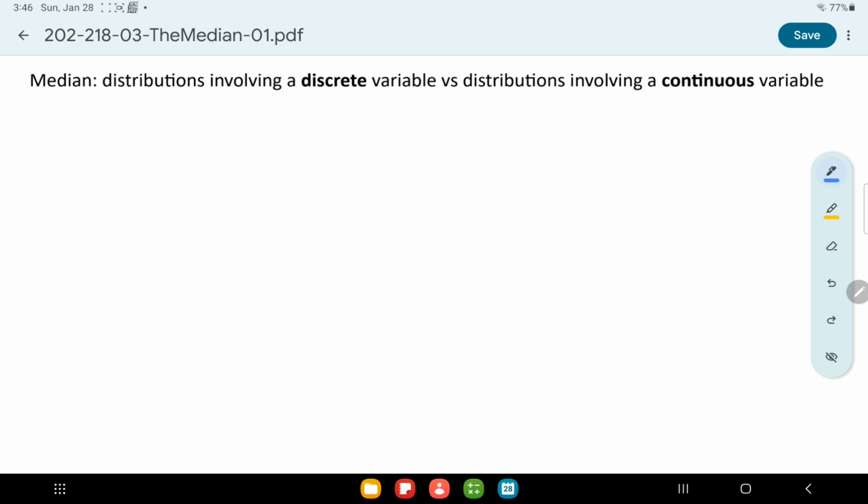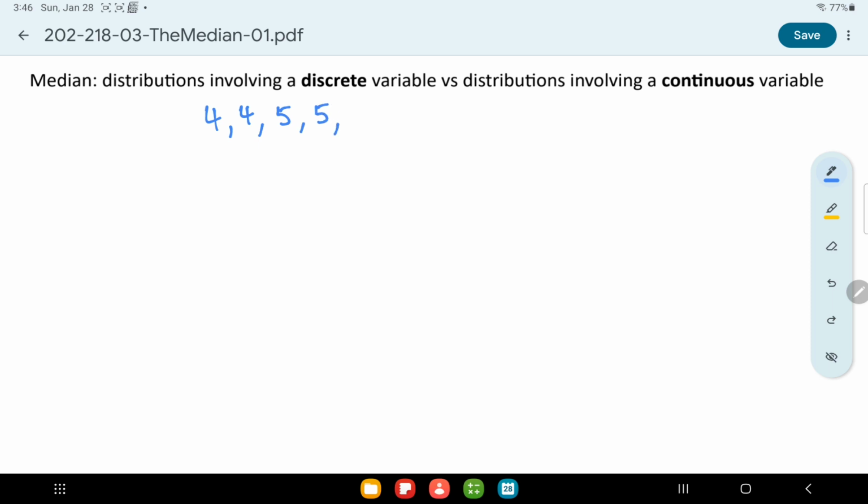Now consider another distribution. Let's just say that you're presented with a distribution involving these numbers. The number 4 and 4, so the number 4 showing up twice. The number 5 also showing up 2 times.